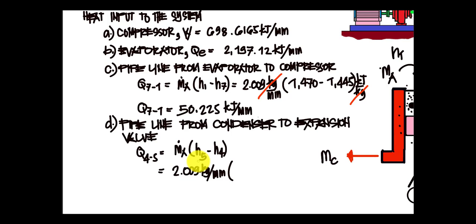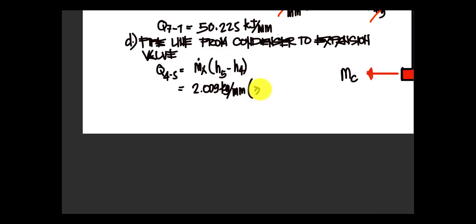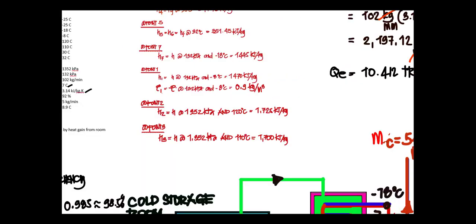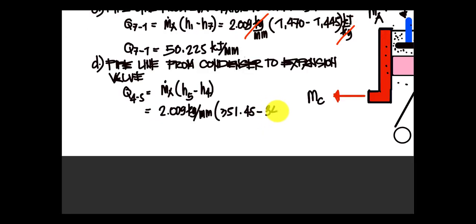For the value of enthalpy 5, looking at our data, we have 351.45, minus the enthalpy at point 4, which is 341.76, with units of kilojoule per kilogram.